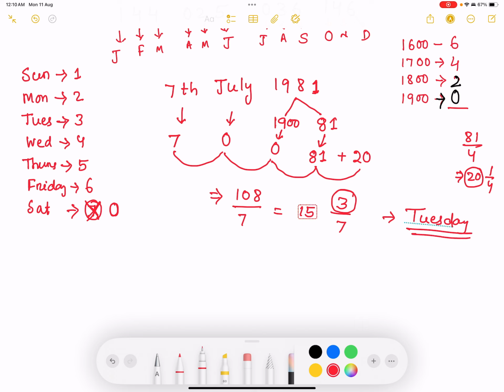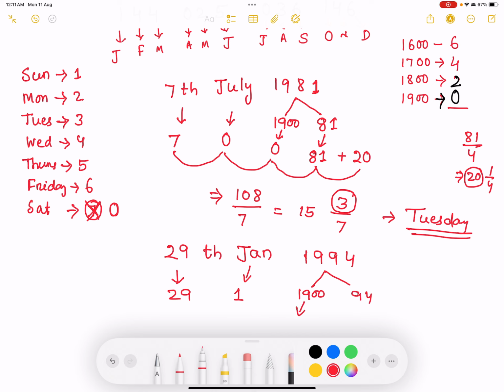Now, shall we go for one more date? Suppose 29th January 1994. Now 29 will be 29. The January month code is 1. 1994 you need to divide into two parts, 1900 and 94.